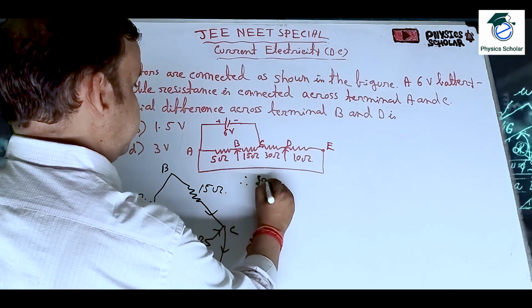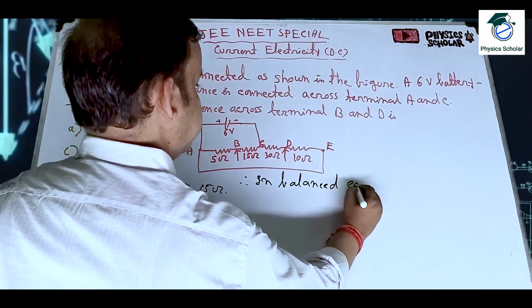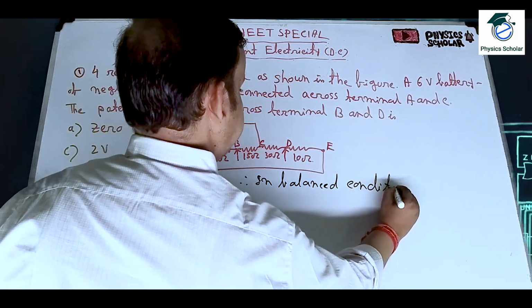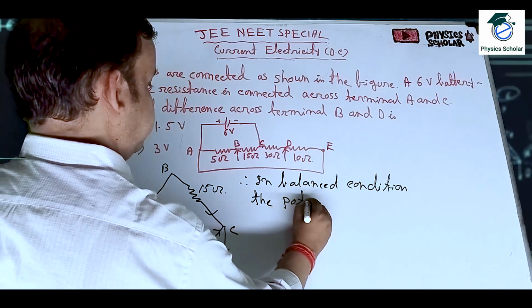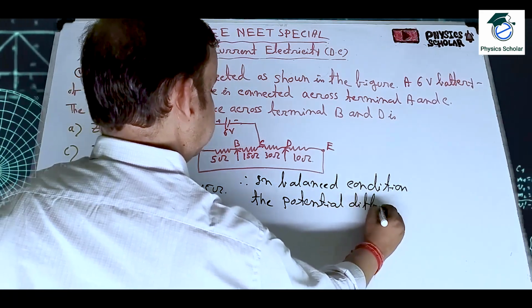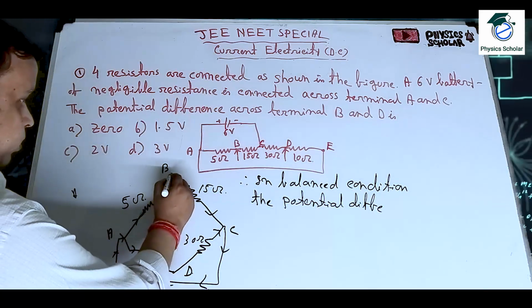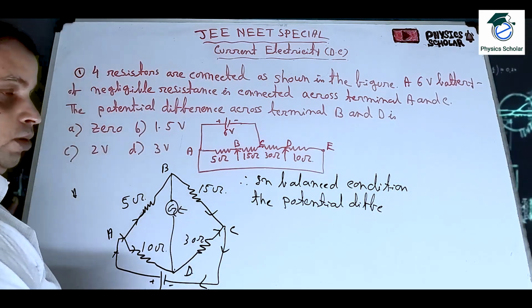So in balanced condition, if we put any galvanometer over here, no deflection will take place.